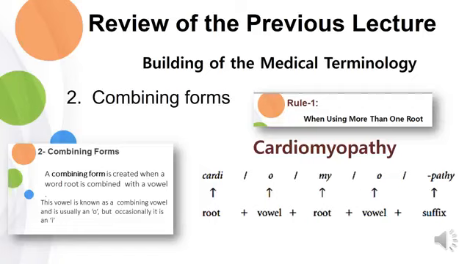The last part of the term is pathy, or disease. This suffix also starts with a consonant, so I have to use the combining vowel. And that's why I finally have the term cardiomyopathy, or disease in the cardiac muscle.